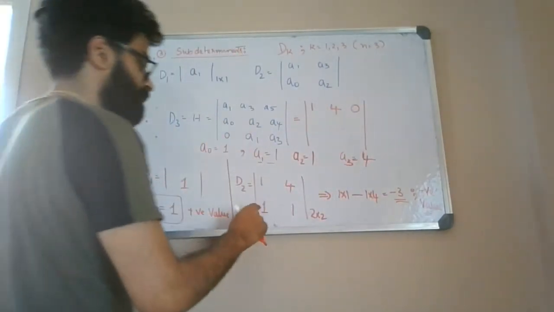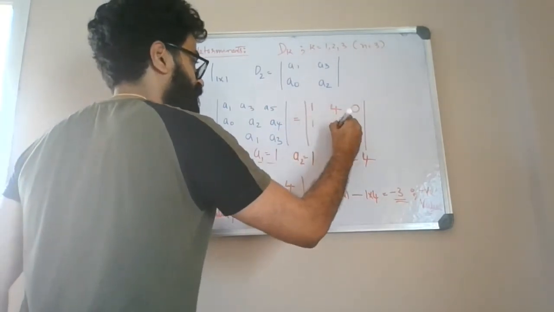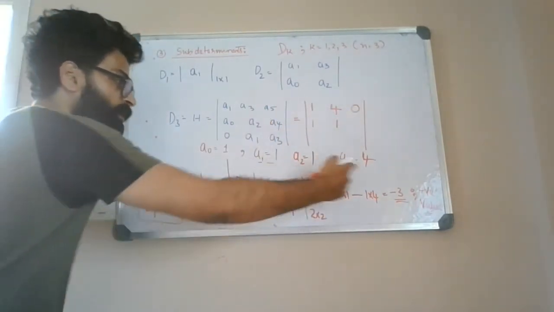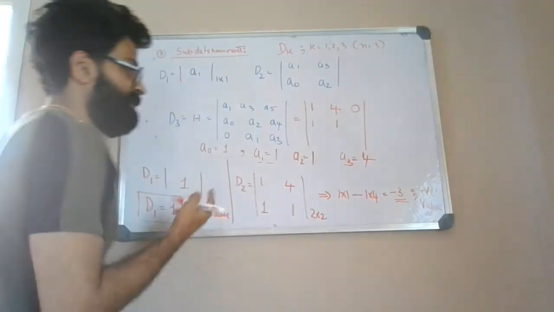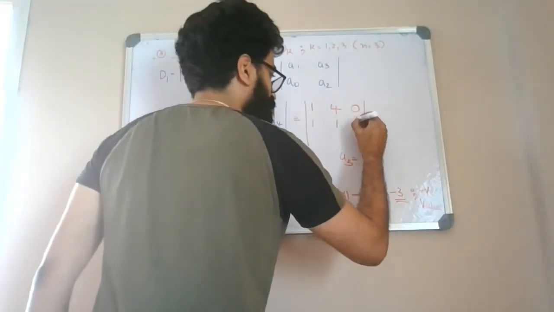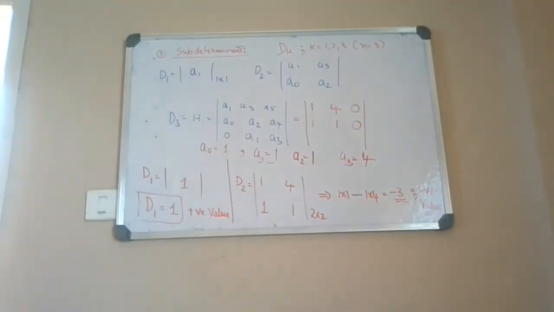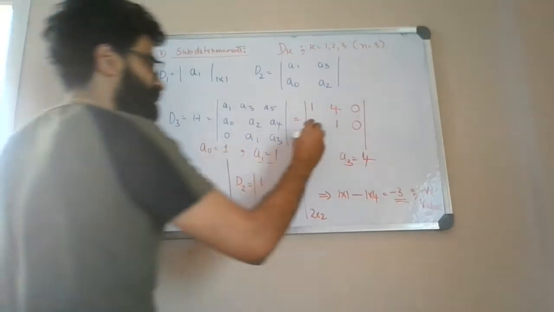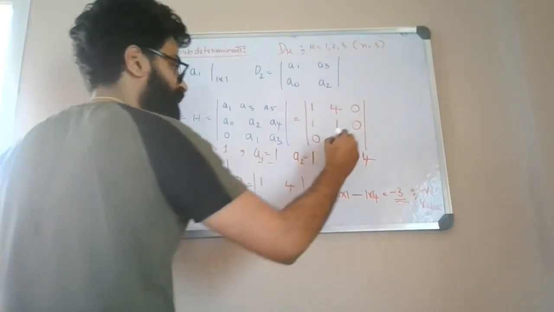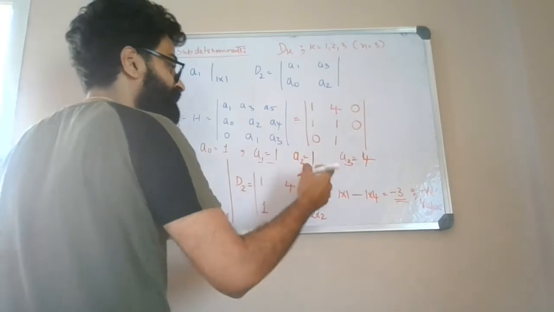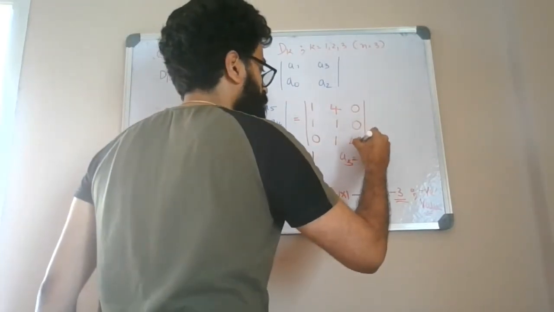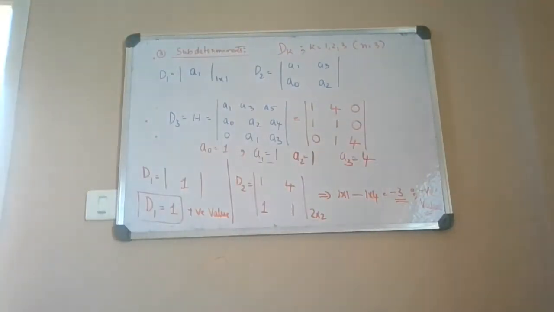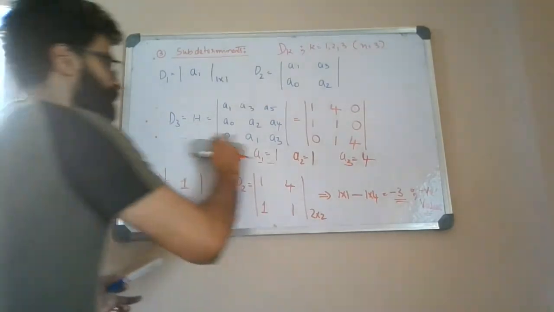Next, A0, A2, that is also 1 and 1. And A4, there is no coefficient such as A4. If you don't have a coefficient, put it as 0. And then you have 0, A1, which is unity, and A3, which is 4. Done.